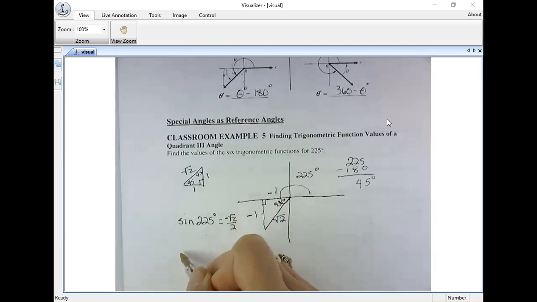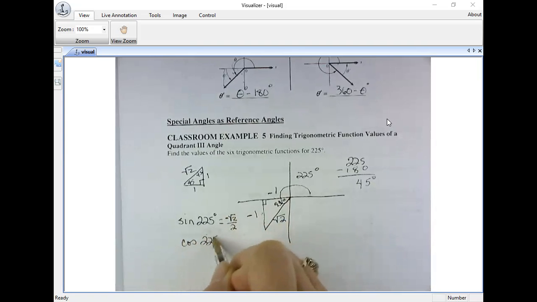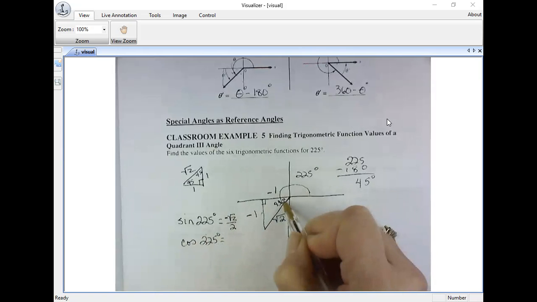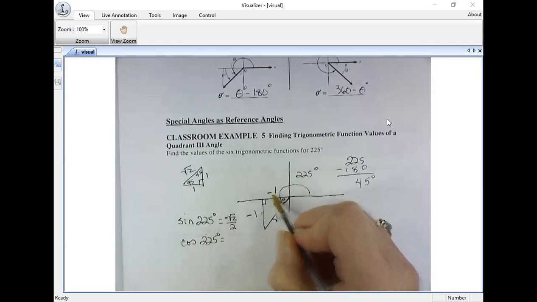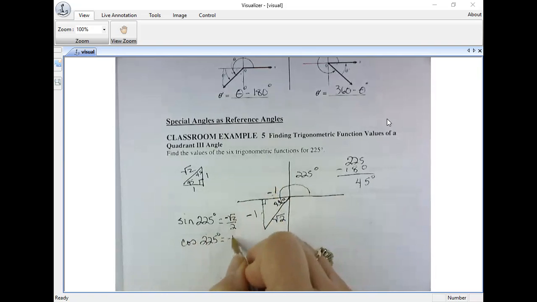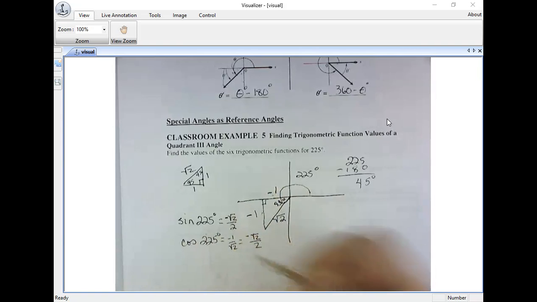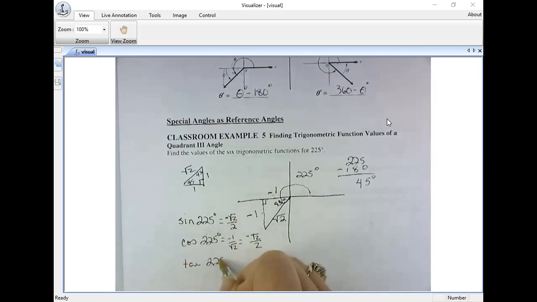Okay, you guys slow me down if we go too fast. Talk to me about the cosine of 225 degrees. Same thing, because it's going to be adjacent over hypotenuse, which will also be negative square root of 2 over 2. Now, what about the tangent of 225?